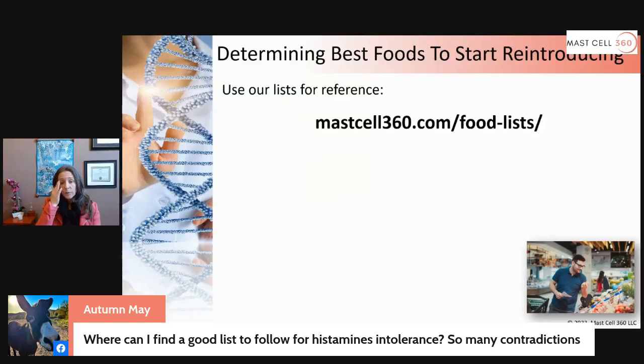So our list is based on the most reliable information available, and you may still find some slight differences between our list and, say, the Swiss SIGHI list. And that's because of what we've seen in our practice. It may be a difference between how that product is packaged or prepared in Switzerland versus in the United States. But we're really close with that.